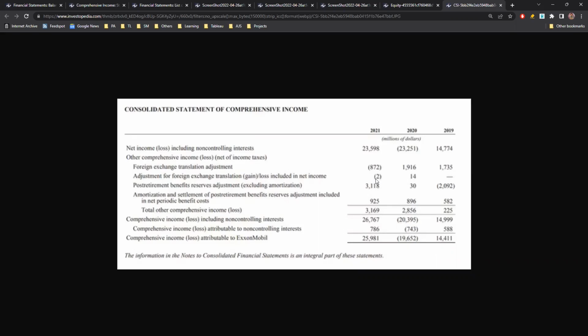So those two lines, they basically, okay, let us say the company holds US dollars, but the income statement is in Indian rupees. The headquarters is in India and they report in Indian rupees, but they sell their products or services to the US, and the clients pay in US dollars.